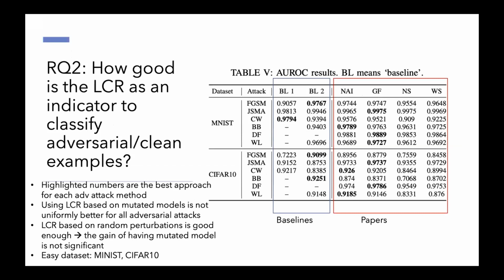All those approaches have a basic assumption that the adversary samples lie alongside the decision boundary. Do you understand what a decision boundary is? Yeah. So the idea is that the majority of adversary samples lie alongside the boundary.